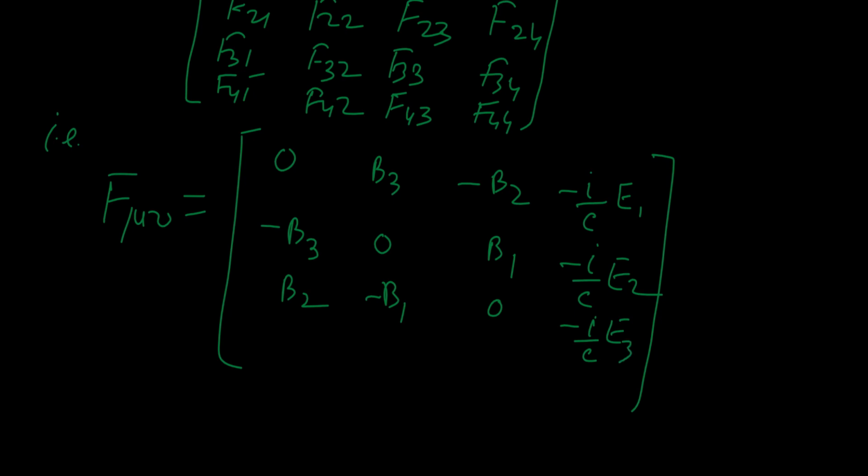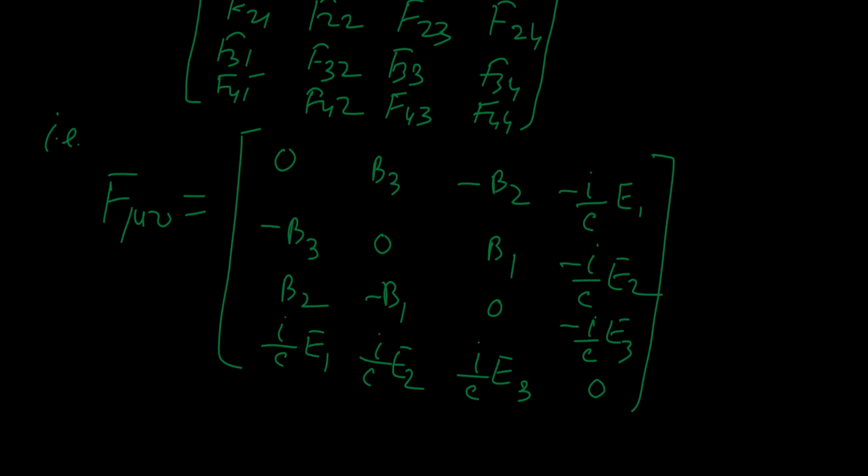Now F41 is what? This is i over c E1. F42 is i over c E2. F43 is i over c E3. And F44, indices are same, so this element will be 0.